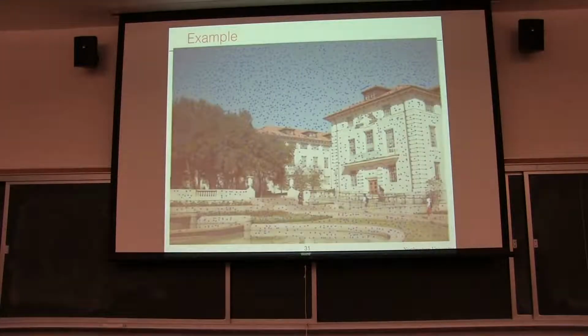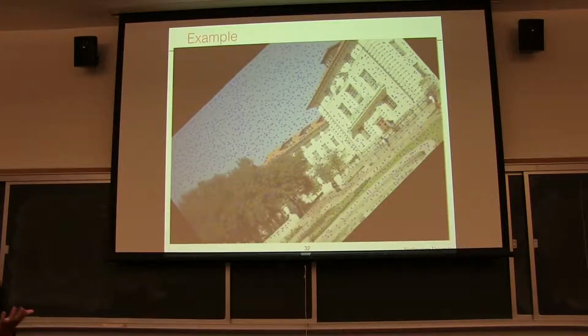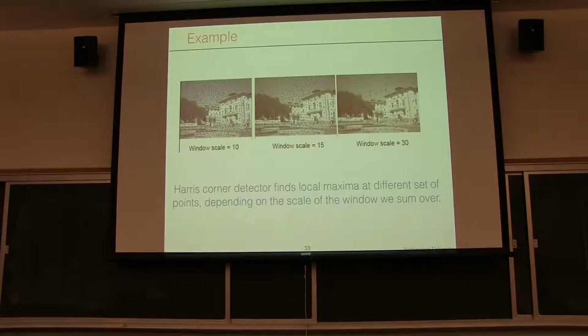So here is an example. Okay? These are a lot of features that were found using that detector. Now I rotate, and I basically find the same features. But if I change the scale by, for example, changing the size of the neighborhood I'm using, or zooming in or zooming out the image, then I get different features. Okay?